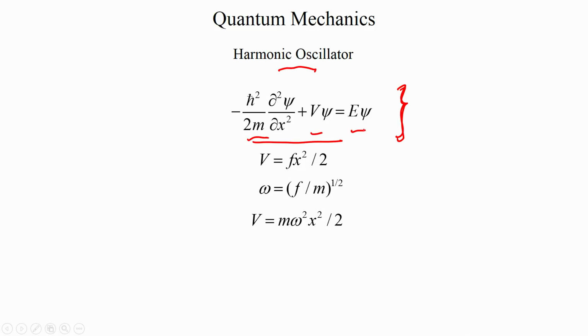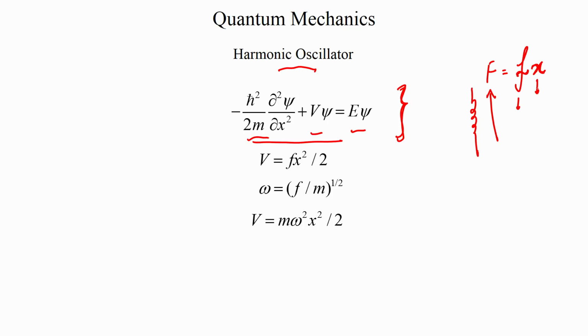Since we are talking about an oscillator, I think the easiest way to imagine one is to imagine the equations for a spring. If you apply a certain force to a spring, then it has a certain spring constant, for which I have used the symbol F, but in textbooks you will probably see the symbol K. It is just that we are using K too many times. Let us say F is the spring constant, then the force will be given by the spring constant times the displacement.